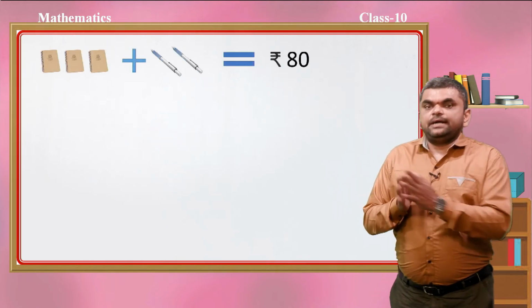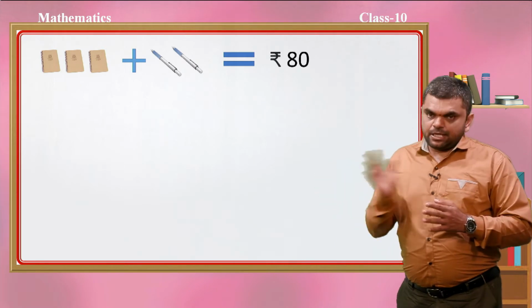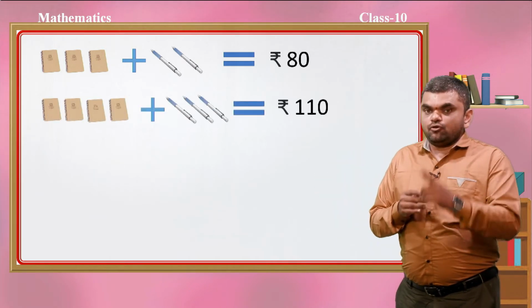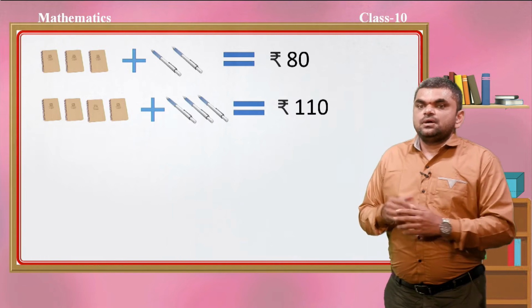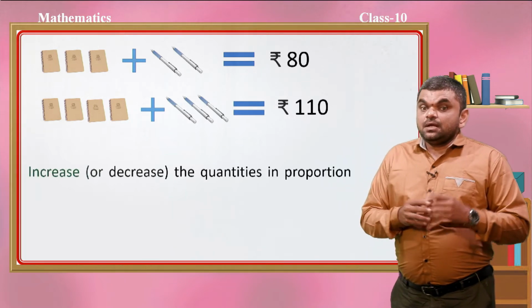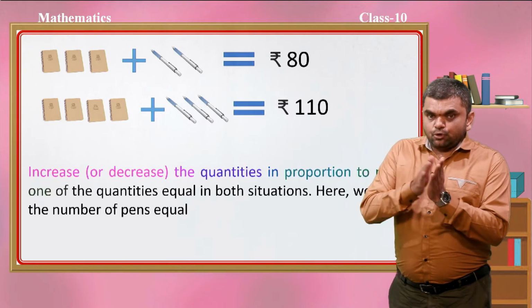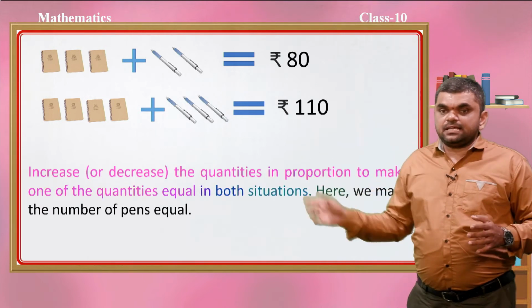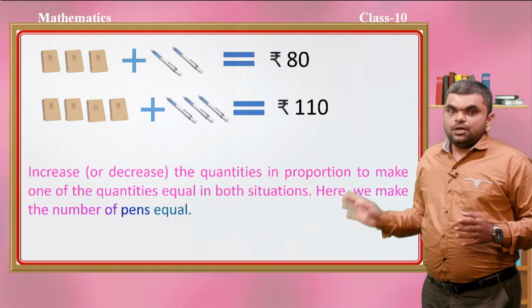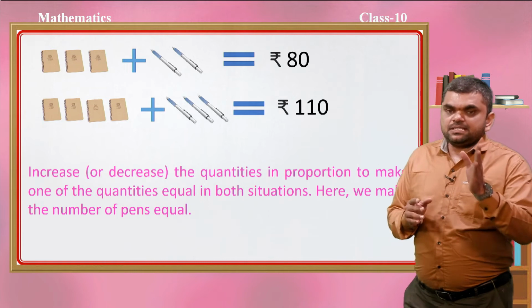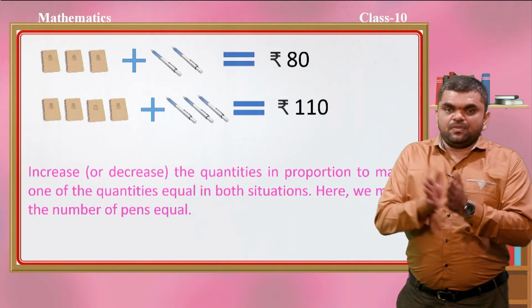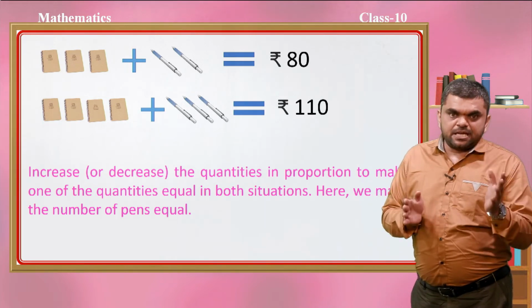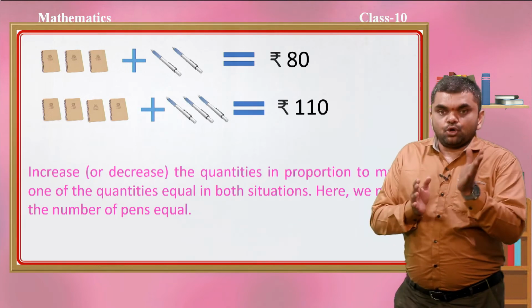But let's see, children. 3 books and 2 pens cost 80 rupees, whereas 4 books and 3 pens cost 110 rupees. Here we have to increase or decrease the quantities in proportion to make one of the quantities the same in both situations, which means either we can make pens equal or we can make notebooks equal.